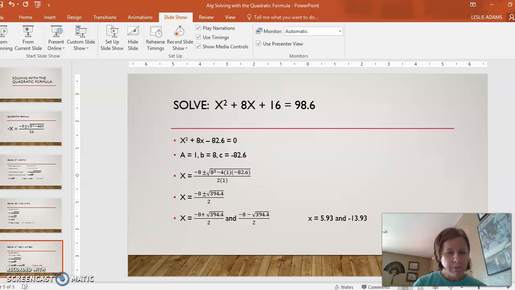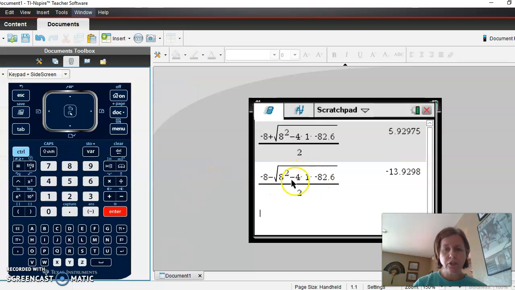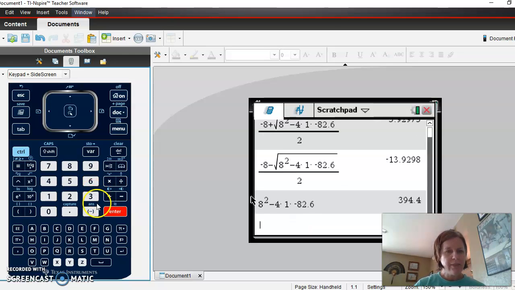So again, just going back to my software, if we just wanted to do the part under the radical sign, the discriminant, we could do 8 squared minus 4 times 1 times -82.6 and hit enter. And then I could do the rest of it.